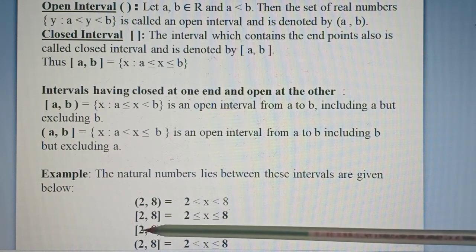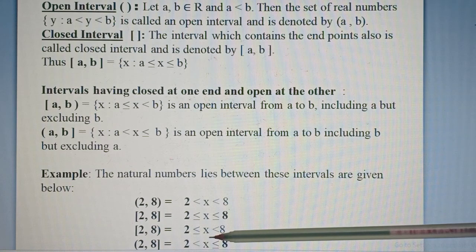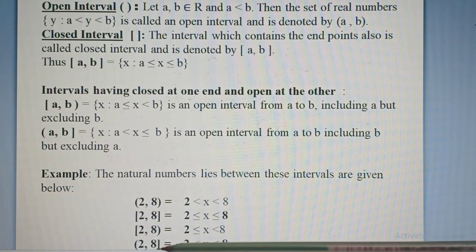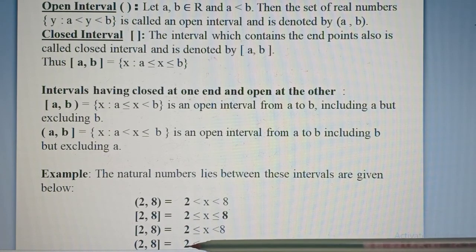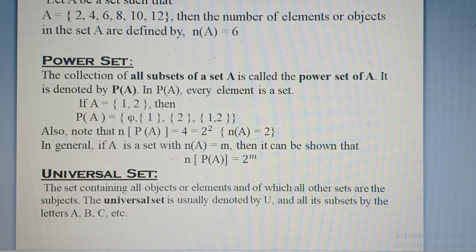Here [2, 8) includes 2 and excludes 8, so 2 less than or equal to x, strictly less than 8. Here (2, 8] excludes 2 but includes 8, so 2 less than x less than or equal to 8. I hope students you understood the concept of intervals.